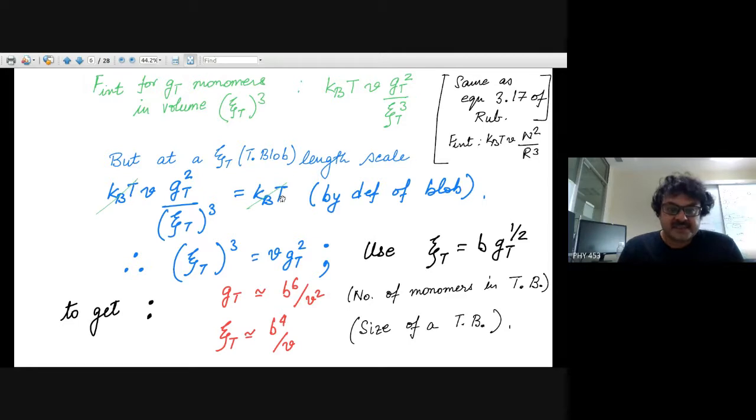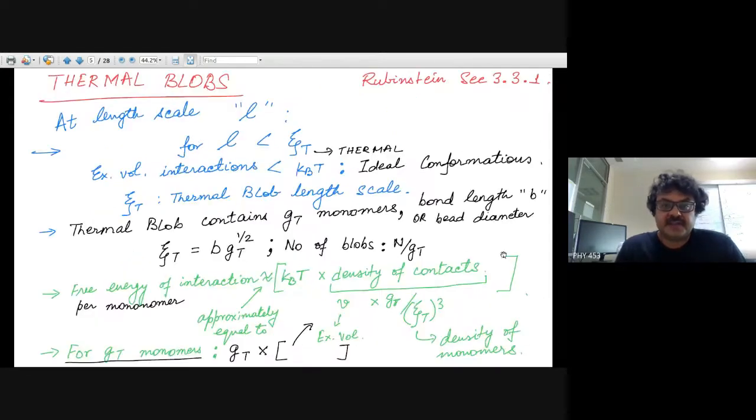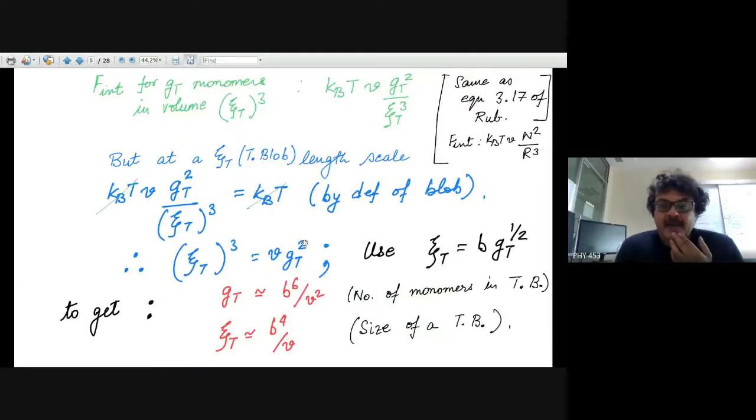So this cancels, and what you get is zeta t whole cube equal to v g t square, basically taking this side. And if we also use zeta t, the blob length scale, equal to b into g to the power half, which is nothing but this relation, then from this relation we can get rid of zeta t by substituting this quantity here, right?